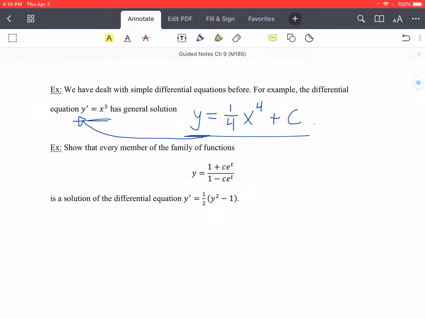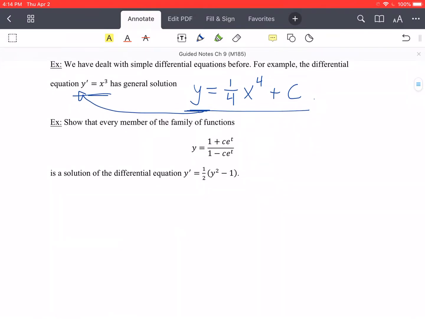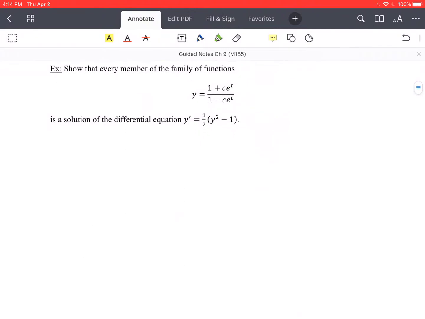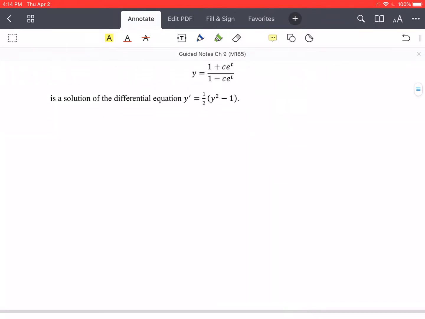So let's look at this example. Show that every member of the family of functions given here is a solution to this differential equation. The first thing I want to do is look at y prime. I want to find what the derivative is of this function. To do this, we're going to need to employ the quotient rule.